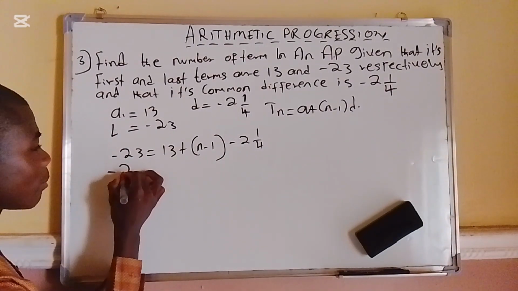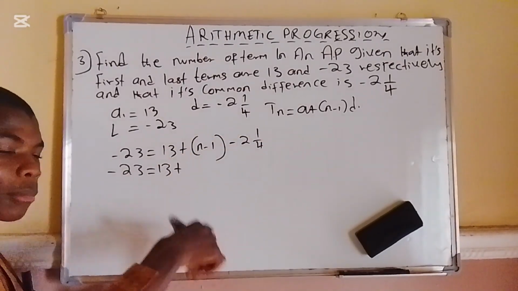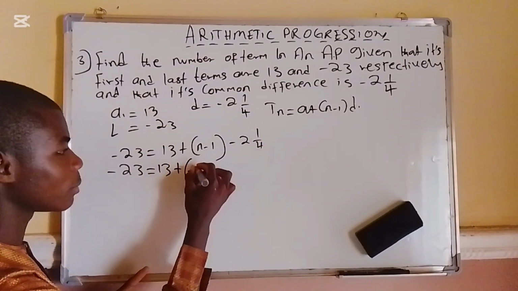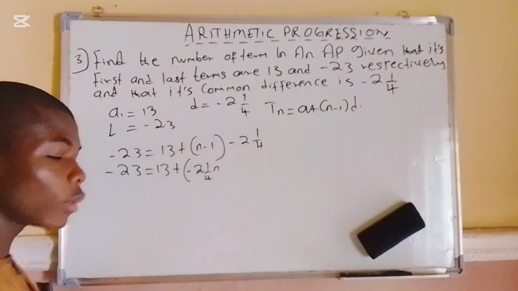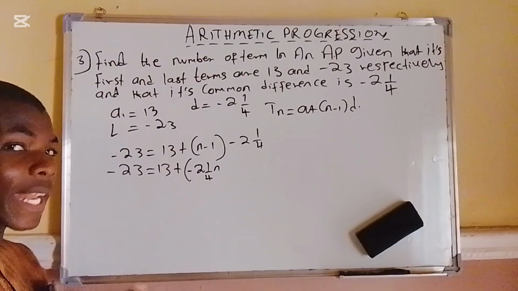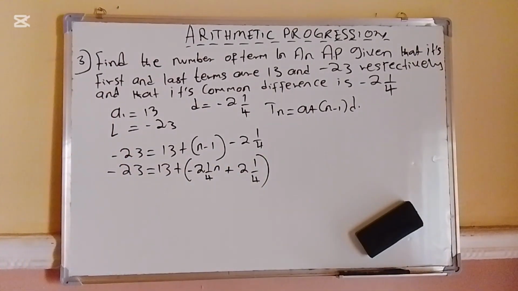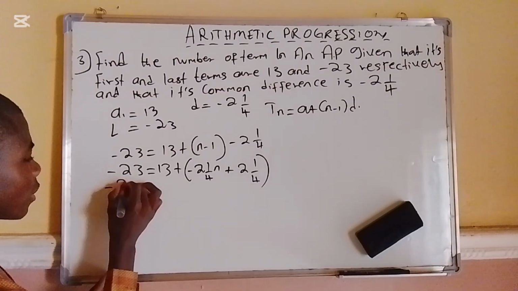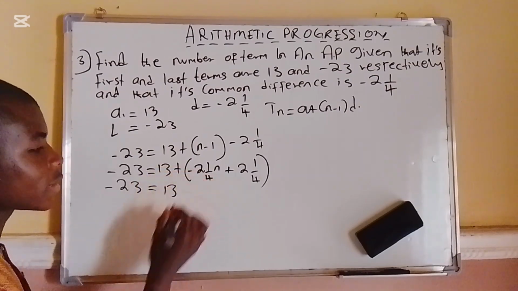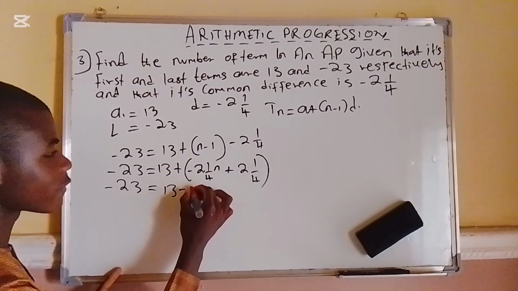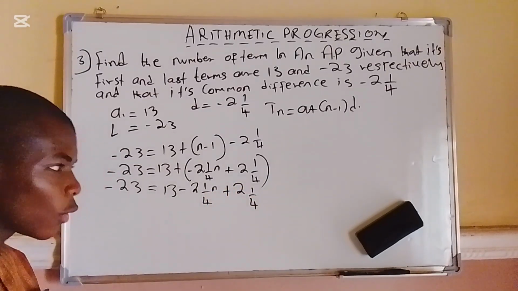So minus 23 is equal to 13 plus minus 2 whole number 1 over 4 multiplied by n, and also multiplied by negative 1, it will be plus 2 whole number 1 over 4. So minus 23 is equal to 13 minus 2 whole number 1 over 4 n plus 2 whole number 1 over 4.